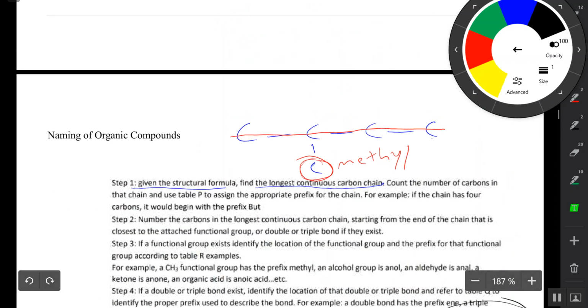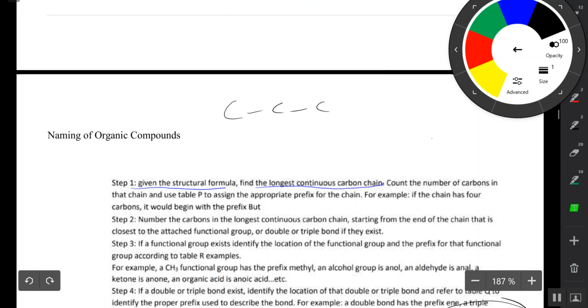Sometimes you may have something else attached to it, maybe a halogen from group 17. So let's say, for example, you have that same 4 carbon chain. Maybe you have something like this, Br and Br. So what would this be? The name of the chain is bute, again, and has an ANE ending because all the carbons are single bonded.